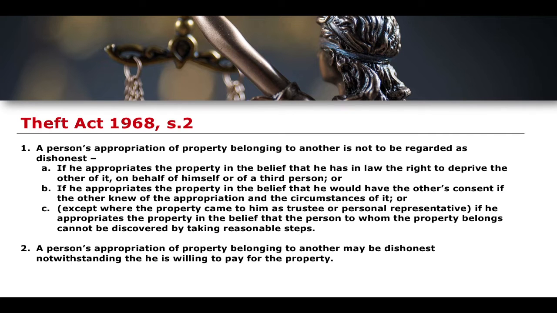So this is quite an interesting thing that the legislation does, because what it doesn't do, as you can see here, is define dishonesty. It doesn't say that something is regarded to be dishonest in these circumstances. It in fact defines dishonesty in the negative. It rather says that things are not dishonest if they fall into these categories.